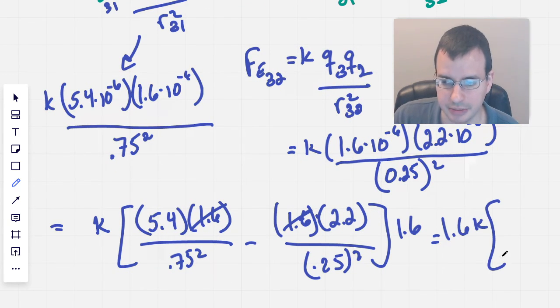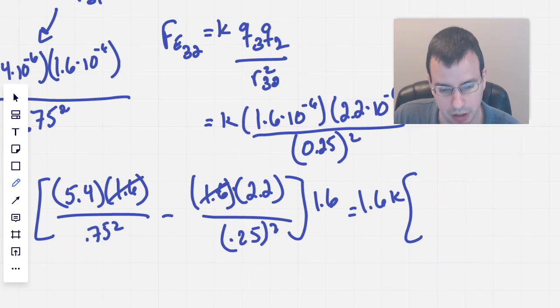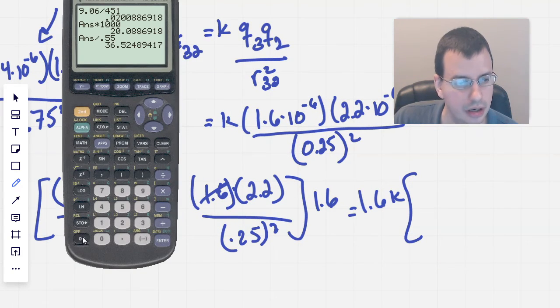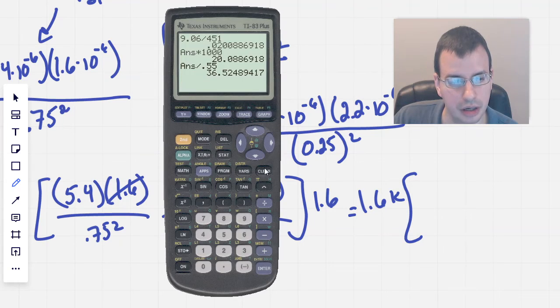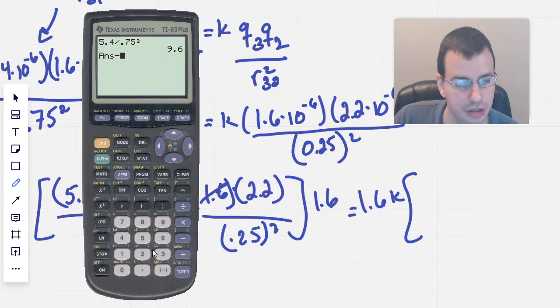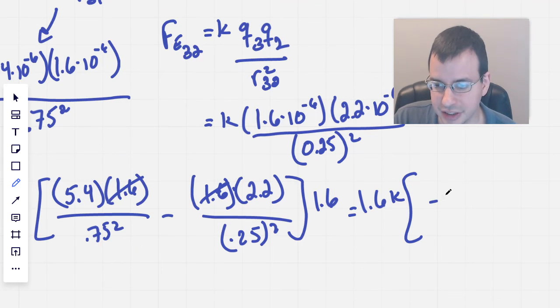And we have 1.6K times, calculator. So 5.4 divided by 0.75 squared minus 2.2 divided by 0.25 squared. And that gives us negative 25.6.